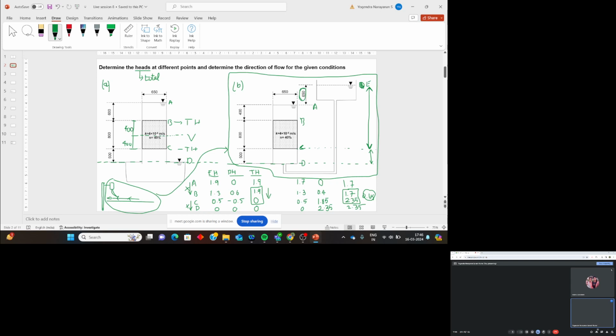So let this point be taken as P. Calculate the effective stress here. Take the density gamma sat as some 19 kilonewton per meter cube.